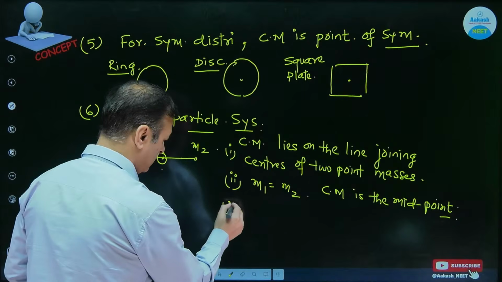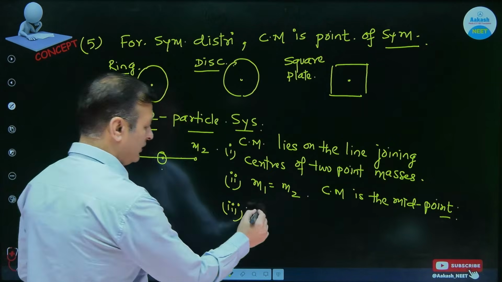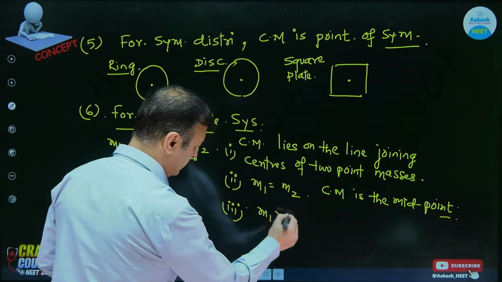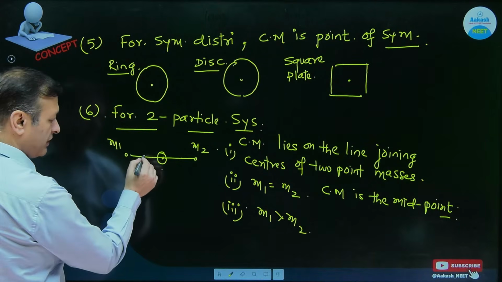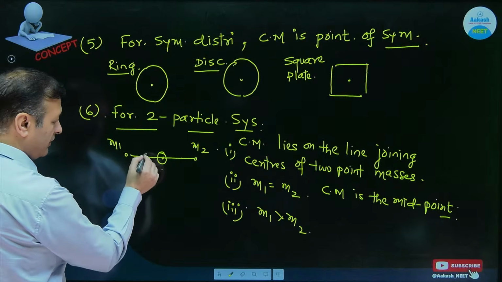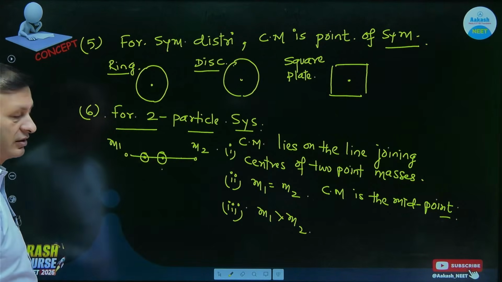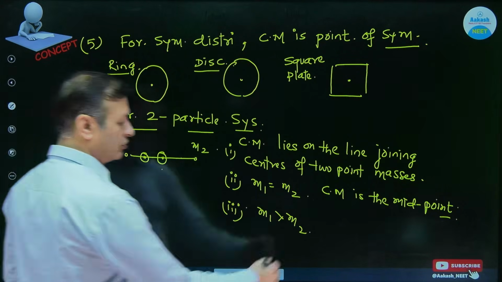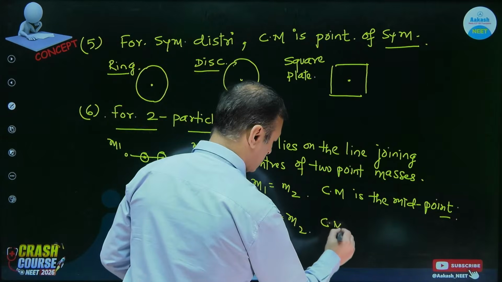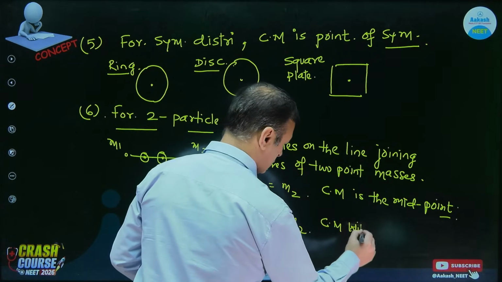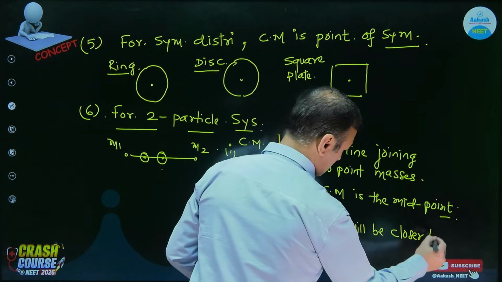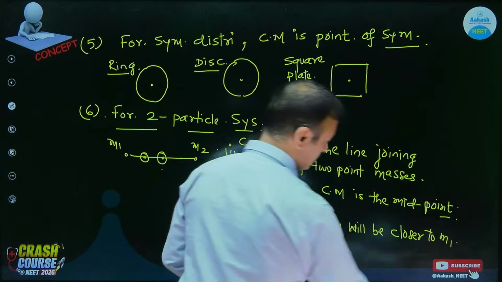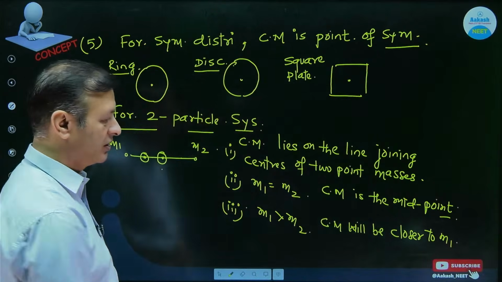If M1 is greater than M2, center of mass would be closer to M1, and vice versa.